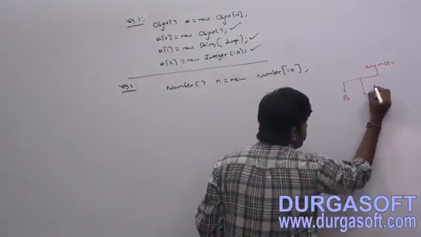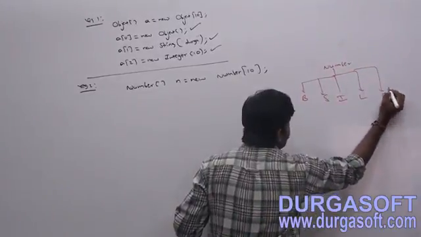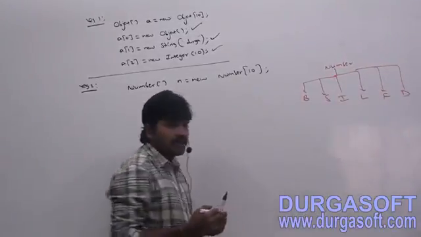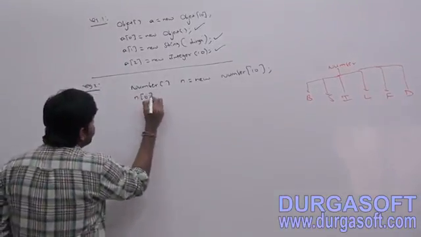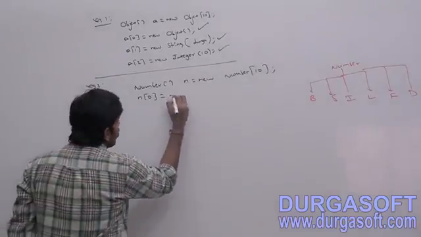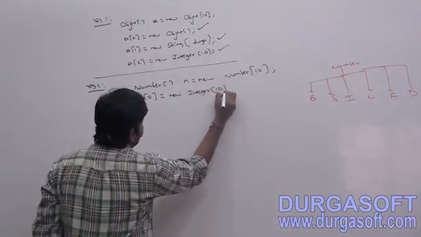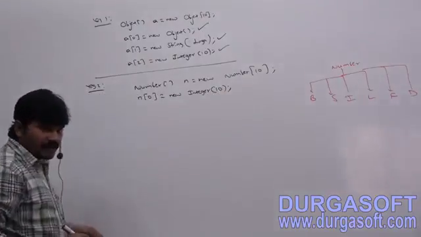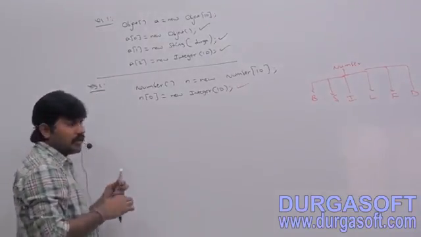Byte, short, integer, long, float, and double. N of 0 is equal to new Integer of 10. Is it valid or invalid?